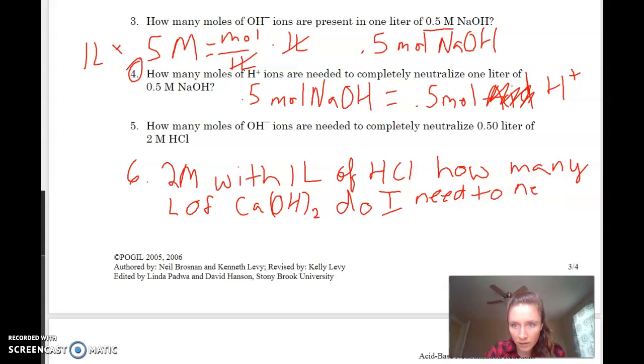And I have to specify the concentration. Let's say it's, I don't know, 1 molar. Nah, let's go with 3 molar.